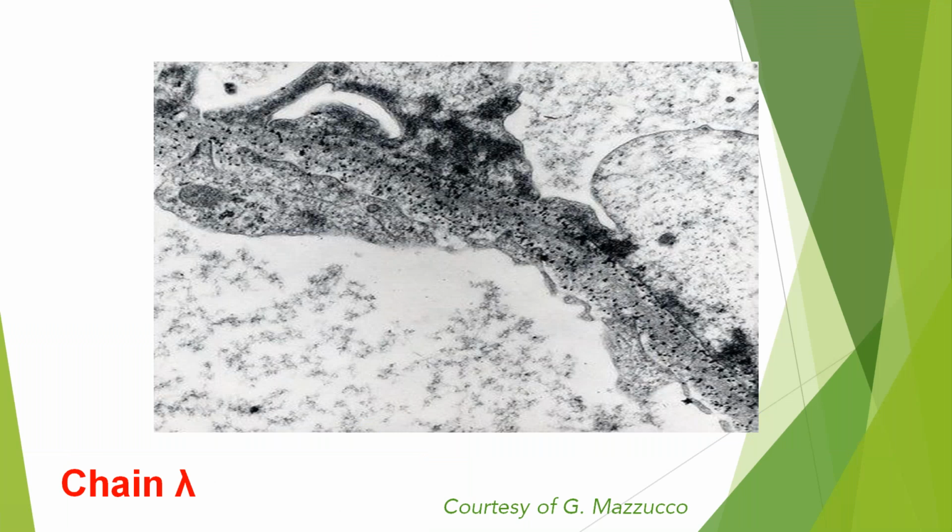Electron microscopy associated with immunogold staining is more specific, but it's time-consuming, and it's not so widely available in every pathological anatomy center. Moreover, it requires the presence of frozen specimens.